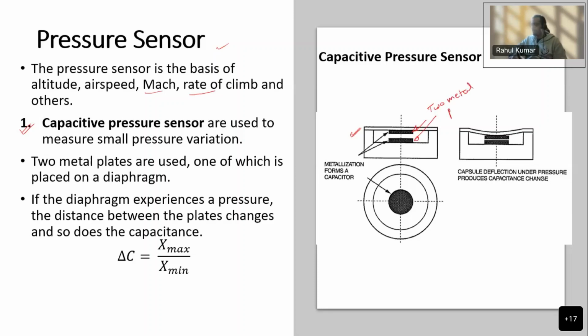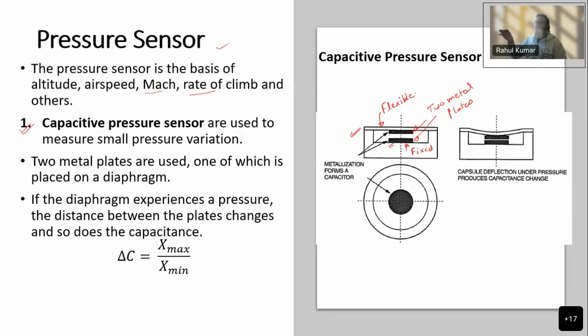One of the metal plates is on a fixed surface, the bottom one, whereas the second metal plate is on a flexible surface.